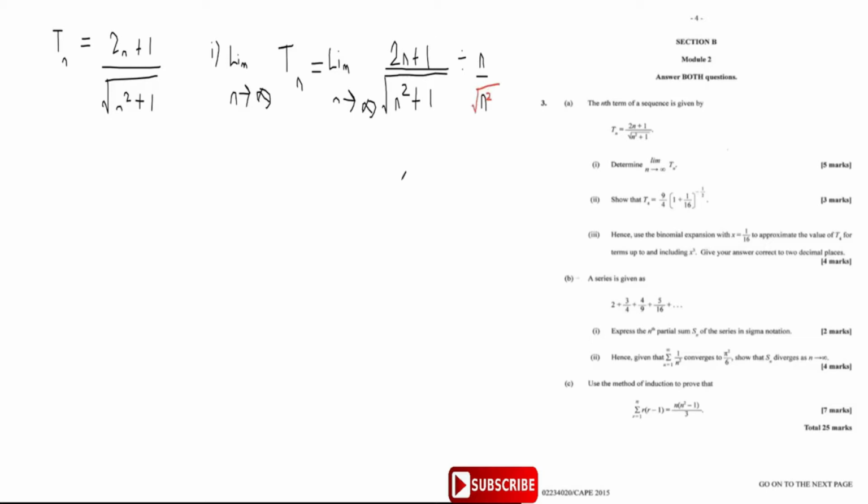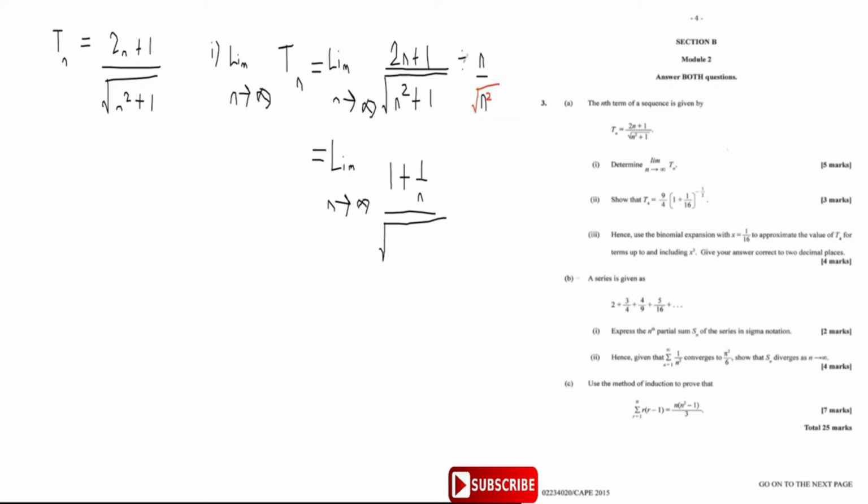Yeah. And so what we're going to get is the limit as n goes to infinity of Tn is equal to the limit as n goes to infinity of 2n divided by n is 1 plus 1 divided by n is just 1 over n, over the square root of, now we can combine these using surds.